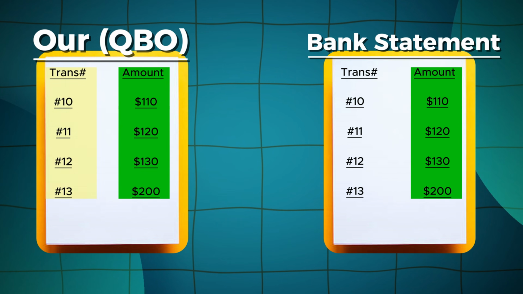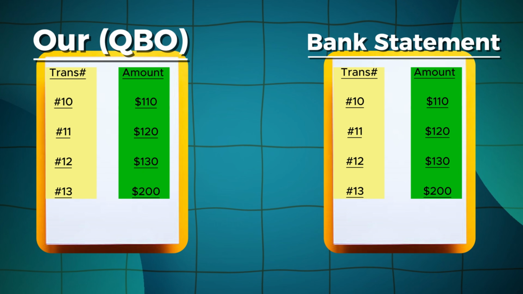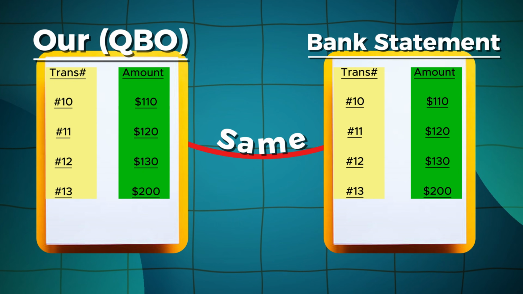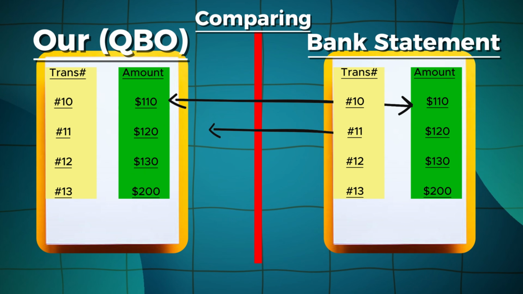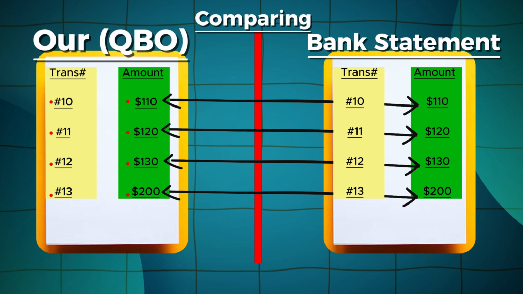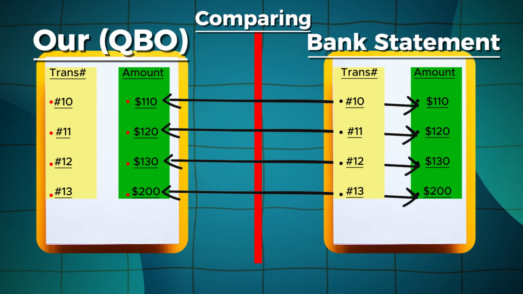And lastly, it proves that the money amounts and transaction numbers of every transaction you recorded must be correct. Because that's exactly what you're comparing when you compare your records to the bank statement.